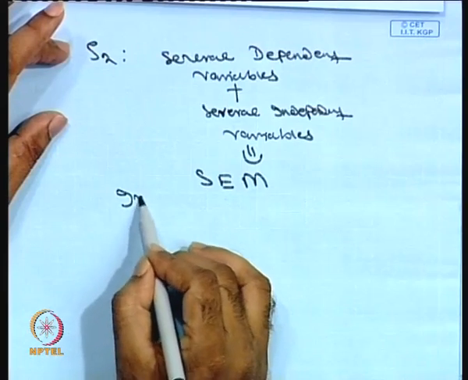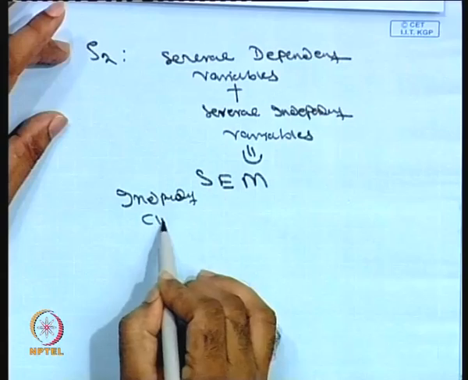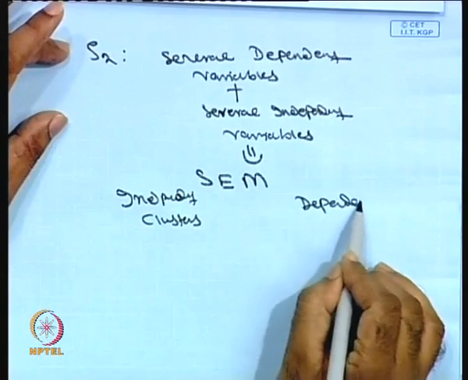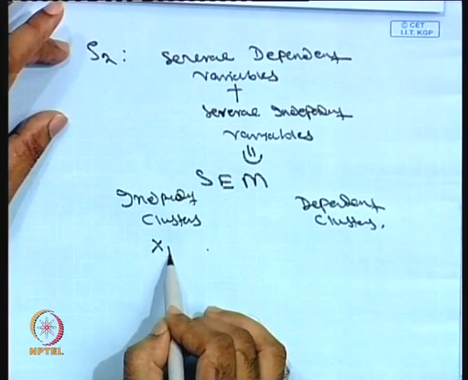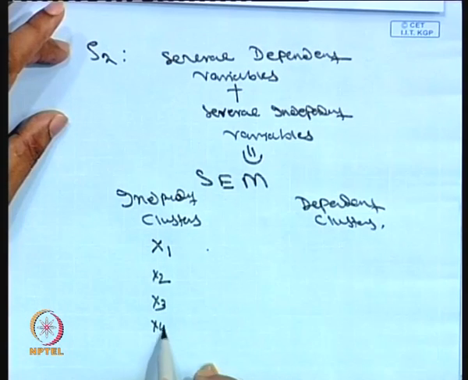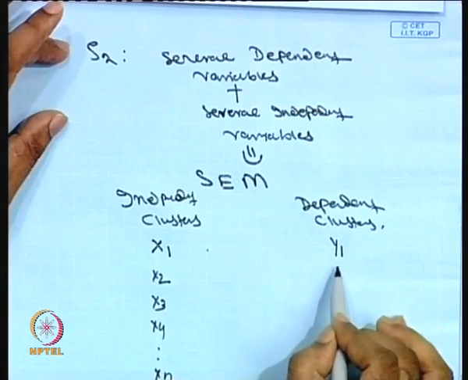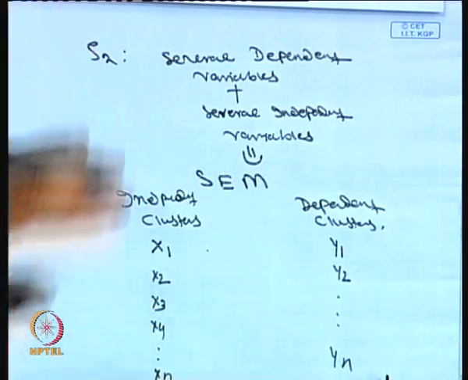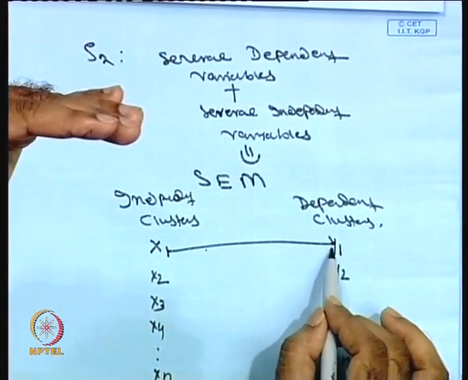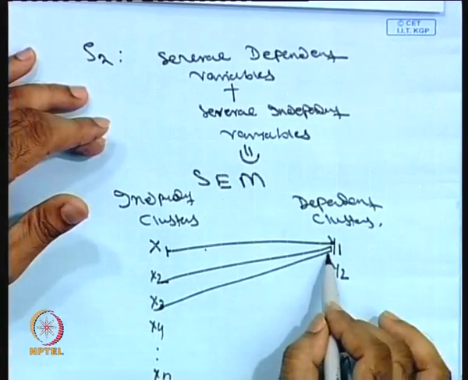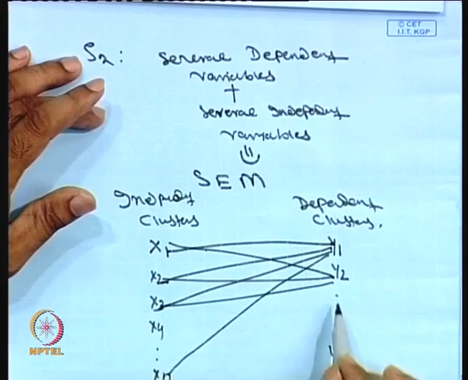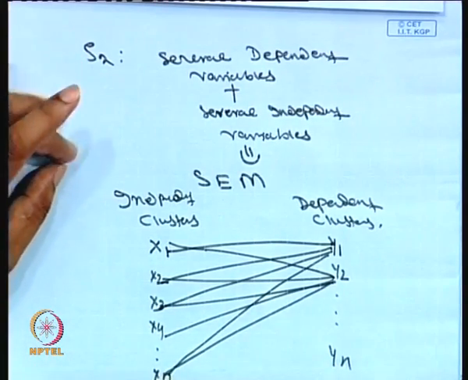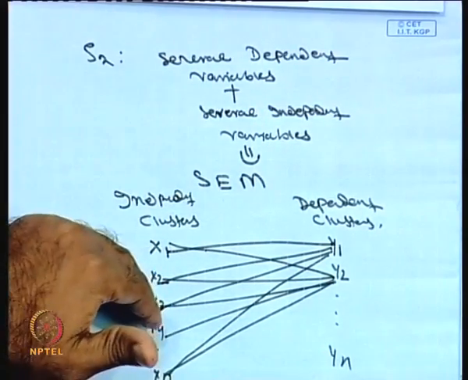Now let me take a case here. This is the independent cluster, and this is the dependent cluster. The independent cluster represents x1, x2, x3, x4 up to xn. In the dependent cluster we have y1, y2 up to yn. In situation 1, we integrate y1 with x1, y1 with x2, y1 with x3 and so on up to y1 with xn, or y2 with x1, x2, x3, x4 up to xn. Similarly we can integrate y3, y4, up to yn with many independent variables.